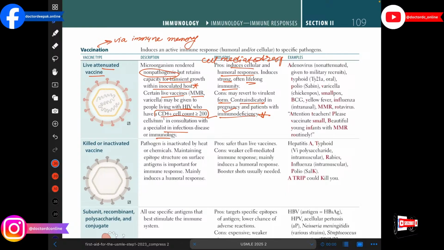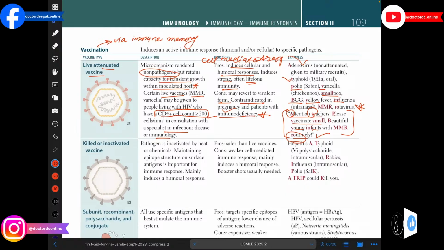We have examples, and for that we have a mnemonic: Attention teachers, please vaccinate small, beautiful young infants with MMR routinely. A is for adenovirus. T is for typhoid, P for polio, vaccinate for varicella, small for smallpox, beautiful for BCG, young for yellow fever, infants for influenza, then MMR for mumps, measles, and rubella, and routinely means rotavirus.